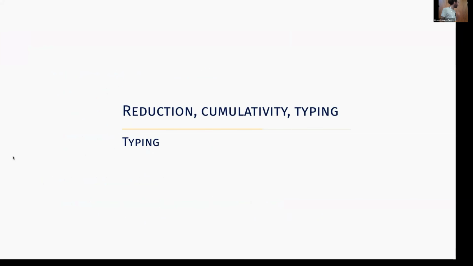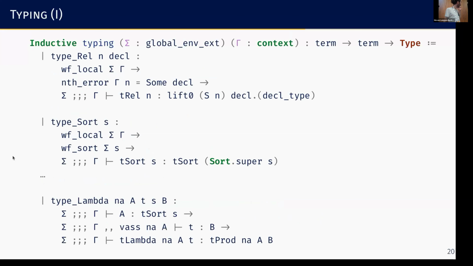And the last thing that is probably a little bit important here is typing, of course. So again, it's an inductive relation between a term and its type in a global environment and a context. And this is probably not too surprising if you've played with Coq before. So for instance, the variable is going to have the right type obtained from the context.